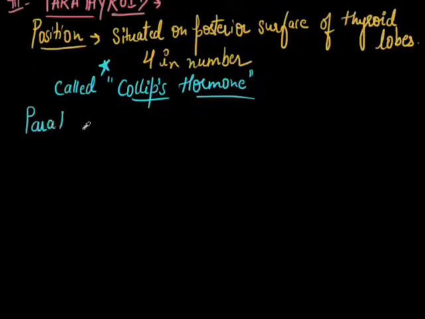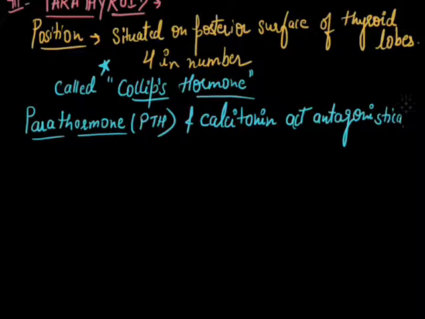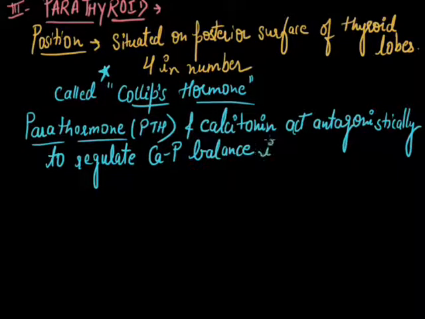Now, parathormone, also called PTH, and calcitonin act antagonistically to regulate calcium phosphate balance in the blood.